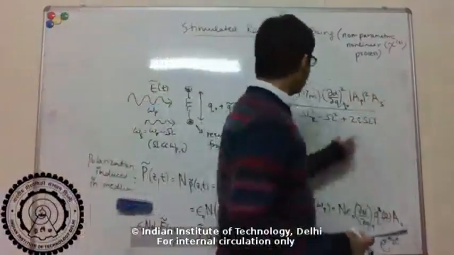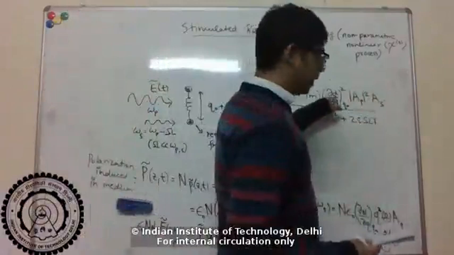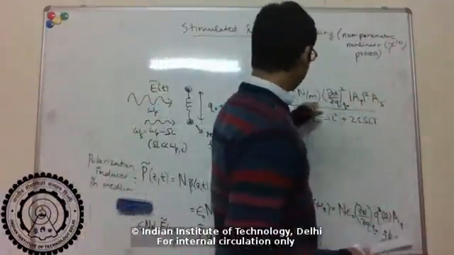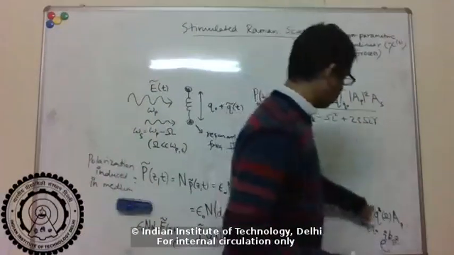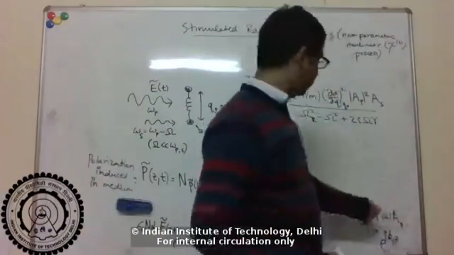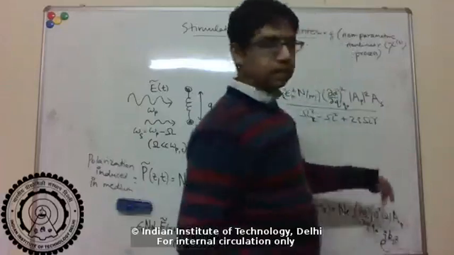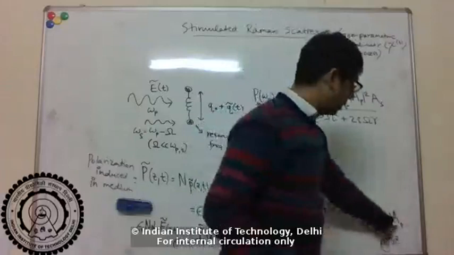Okay, so this Q of omega went something like we had a d alpha by dq there, right? We had an epsilon over m, and then Q went as AP AS conjugate, which means Q conjugate will go as AP conjugate AS, and then we already have an AP here, right?